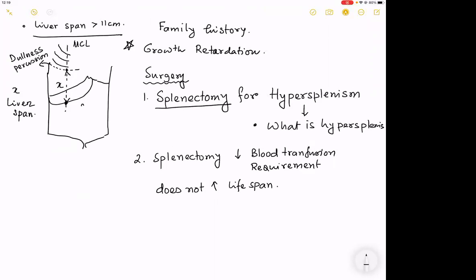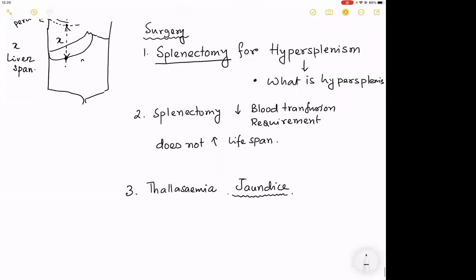Okay. Number 3, this is an honors-getting question. A patient of thalassemia has jaundice in the surgery ward. What are the causes? What are the jaundice types that can happen?